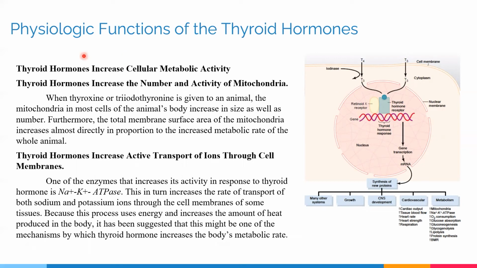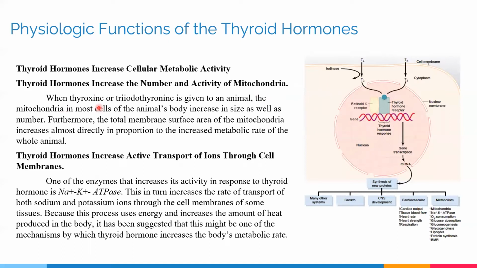Next, we move on to the physiologic functions of the thyroid hormone. The most important function of the thyroid hormones is to increase cellular metabolic activity. This is done by first increasing the number and activity of mitochondria.